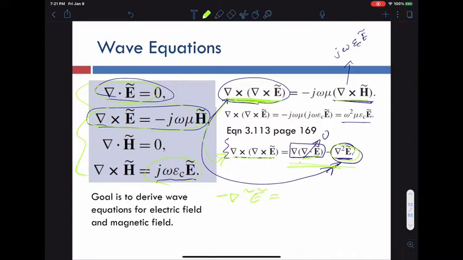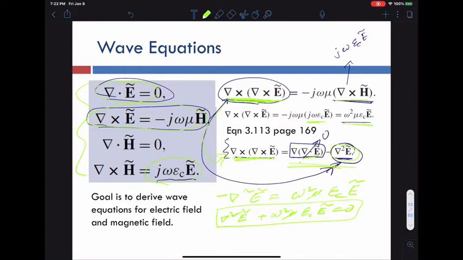So I can multiply both over here and we'll find this one. That would be omega square mu epsilon c E, right? So now if I bring them on the same side, that will be this. So that is the equation you got from Maxwell equation, and also using this vector calculus identity over here.